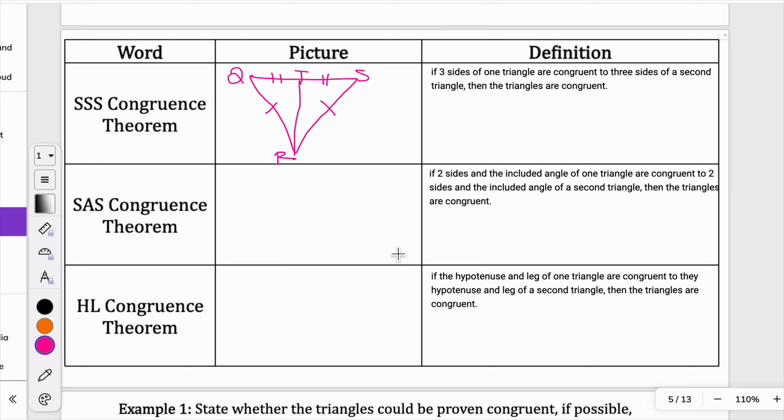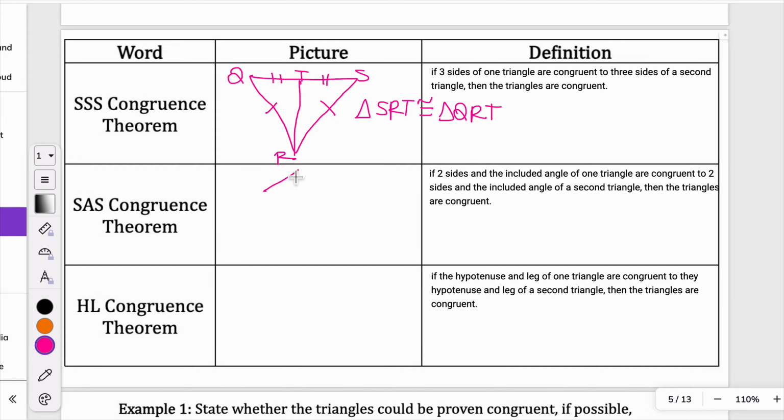So this would be an indication that these two triangles are congruent. So you could write your congruent statement as triangle SRT is congruent to triangle QRT.